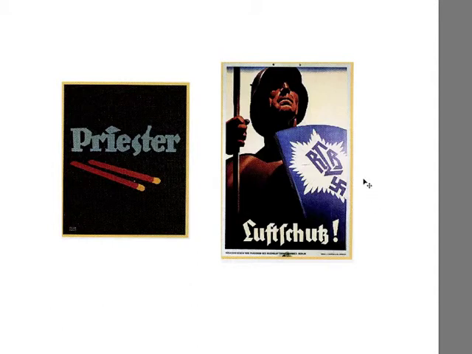So now that we know, of course, history, it has a dark feeling to it, but typography was being used in a real dramatic way as early as the early 20th century.